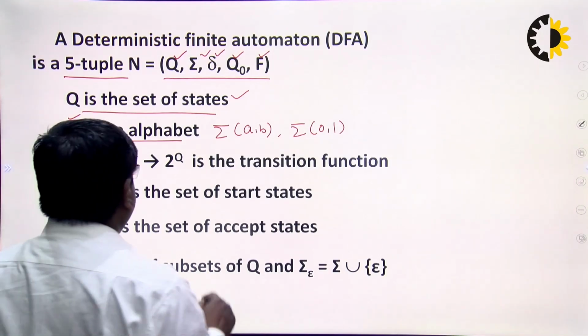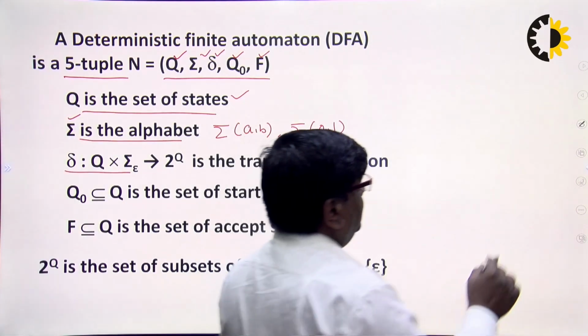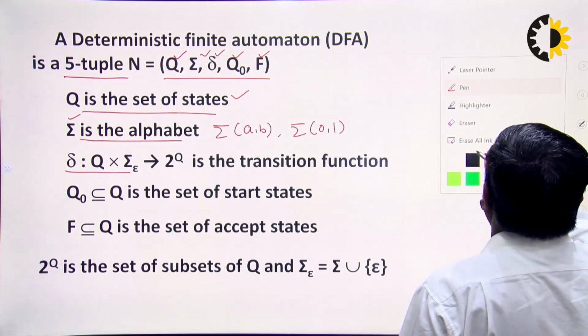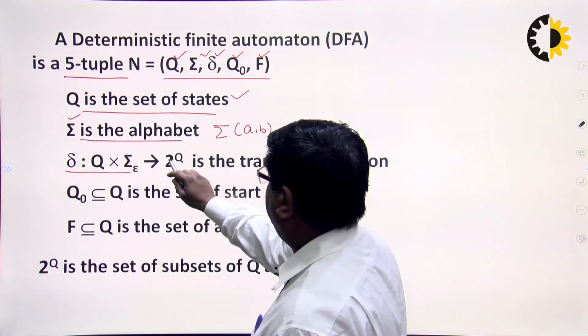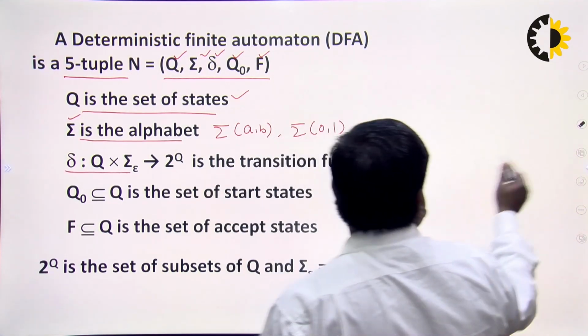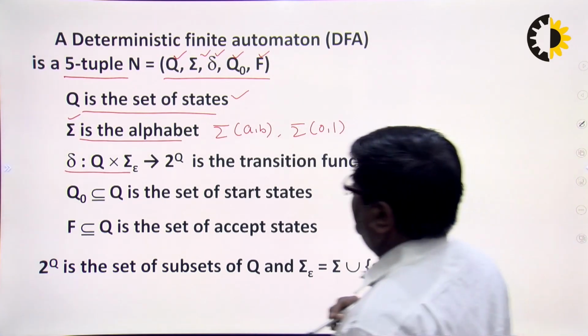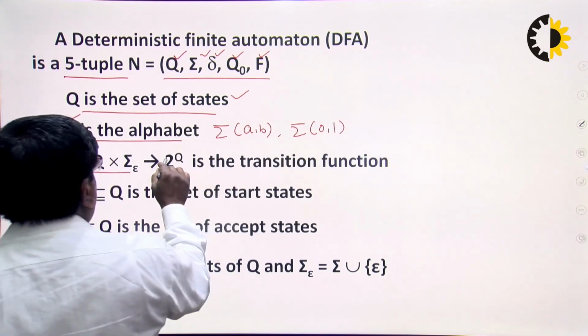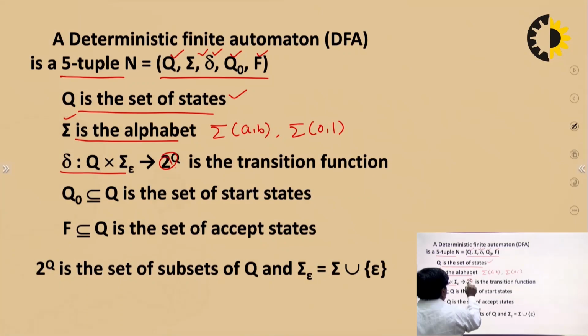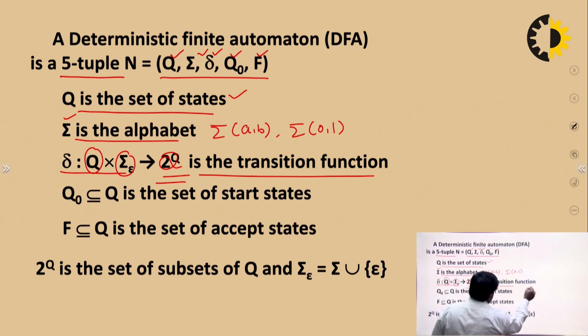Delta maps from set of states and sigma to find out the state, that is the transition function.